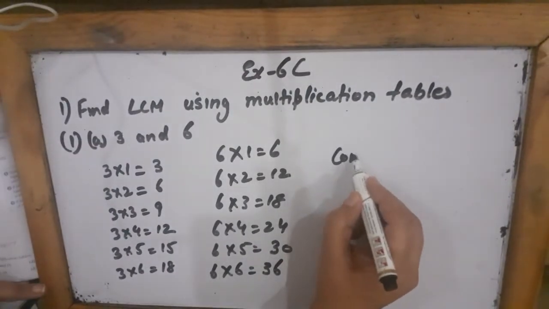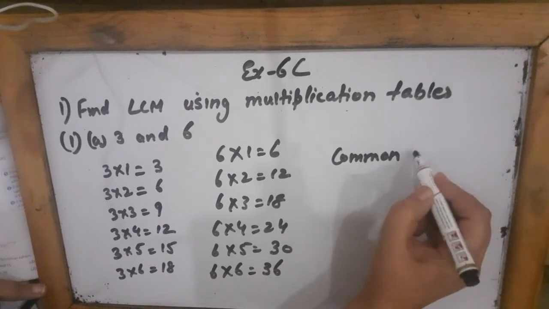Now let me take out the multiples of 6 by writing the table of 6. 6 ones are 6, 6 twos are 12, 6 threes are 18, 6 fours are 24, 6 fives are 30, 6 sixes are 36. Now I will take out the common multiples of both.